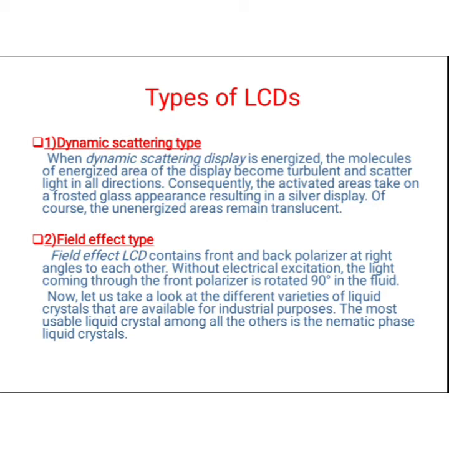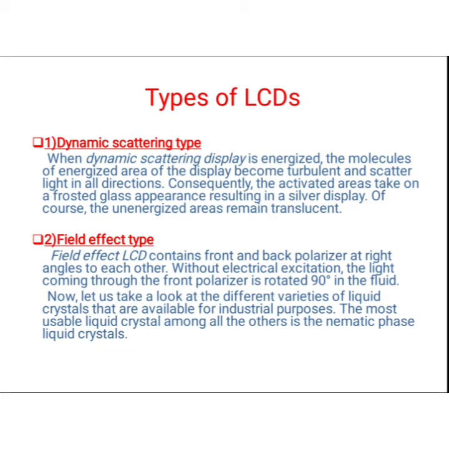A weak electric field aligns the molecules in the direction of the field. When voltage grows, the flow becomes turbulent. In this disordered state the liquid crystal scatters light. Thus, when the liquid is not activated, it is transparent. When the liquid is activated, the molecular turbulence causes light to scatter in all directions and the cell appears bright. This phenomenon is called dynamic scattering.